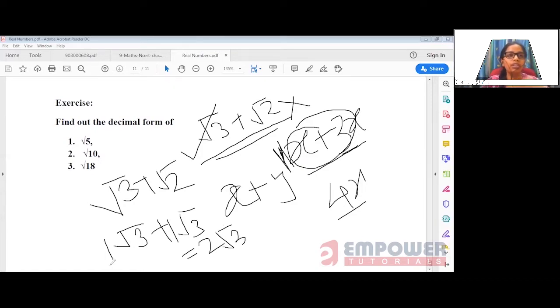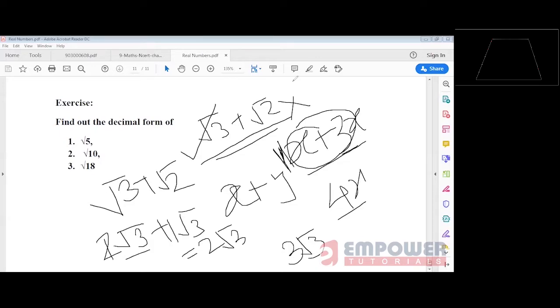You will apply the same rules for addition and subtraction. All operations that we do with irrational numbers, you have to apply the same rules. Suppose here is 2 root 3 plus root 3. This will be 3 root 3. Got it?